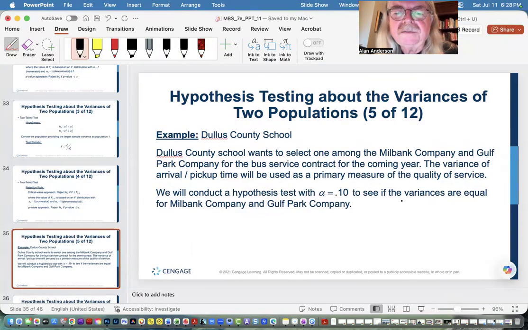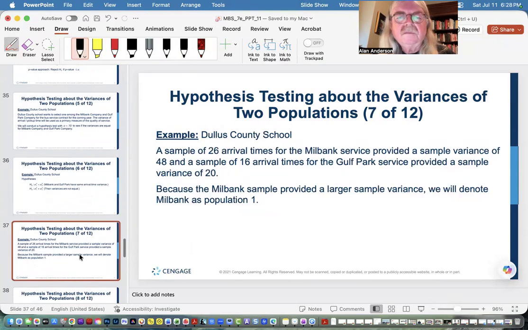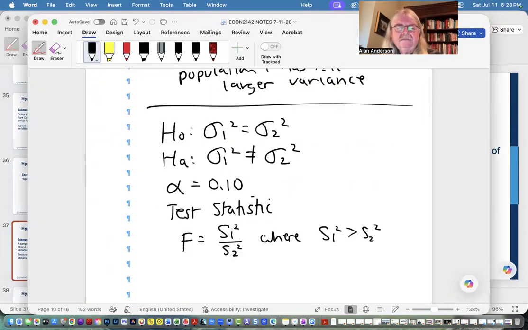So here's the data. Millbank and Gulf Park.